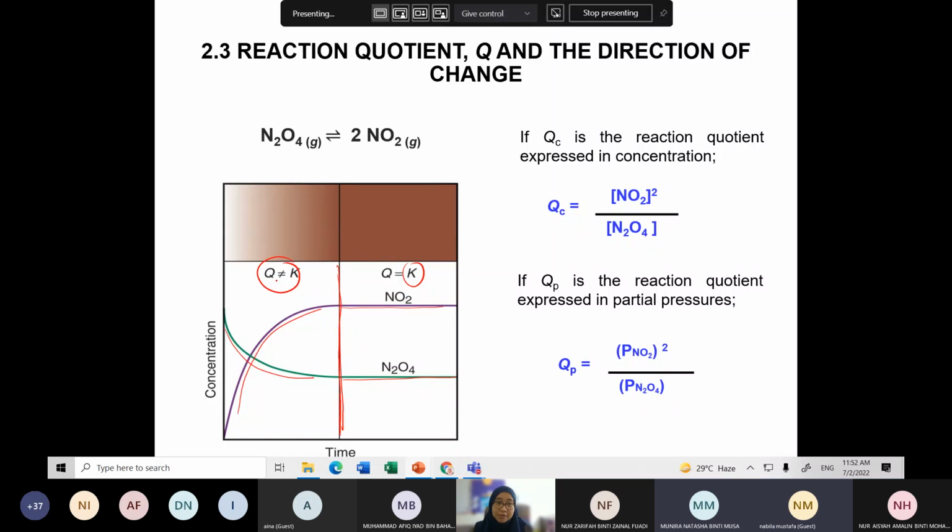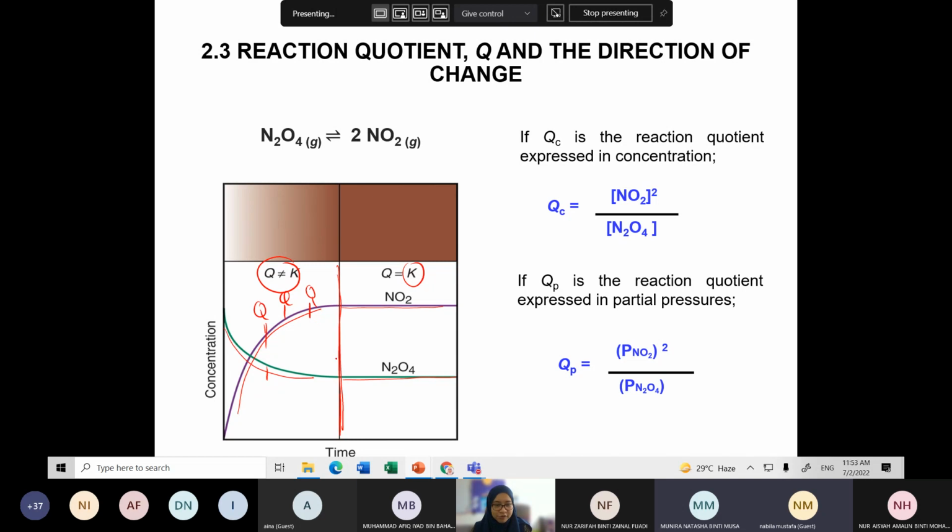Belum. The Q value can change. Dia tak semestinya satu value sebab kita ukur at any time. Kita nak ukur kat sini. Ni pun QC, ini pun QC. Kita nak check dia dah reach equilibrium ke belum. Selagi dia tak reach, it's not the same as KC. That means it is QC. It's not KC. Okay?